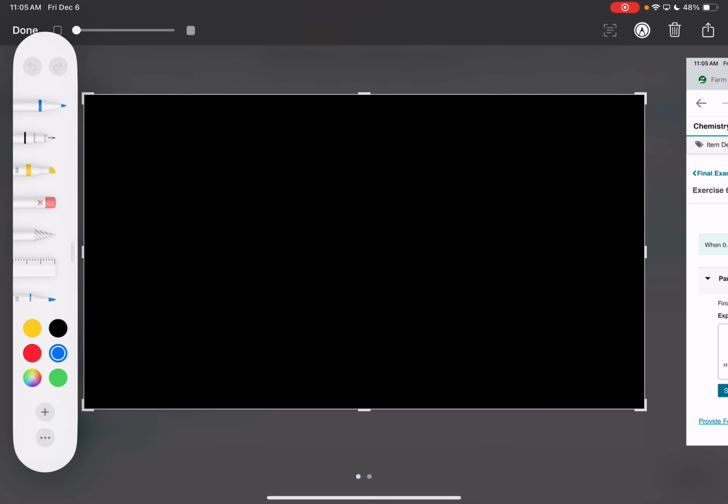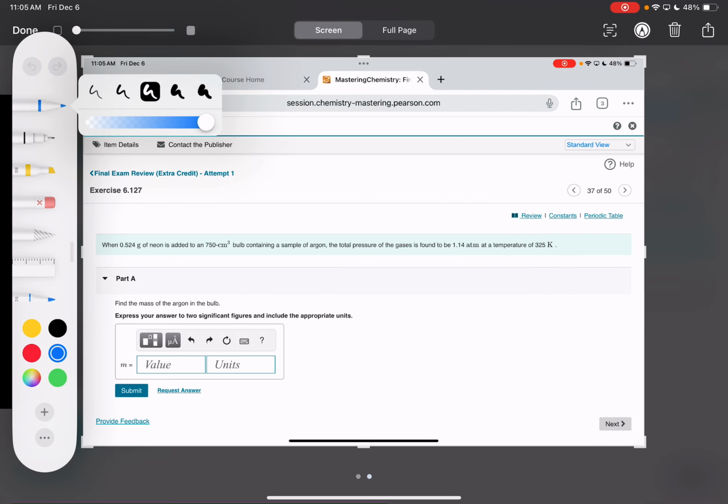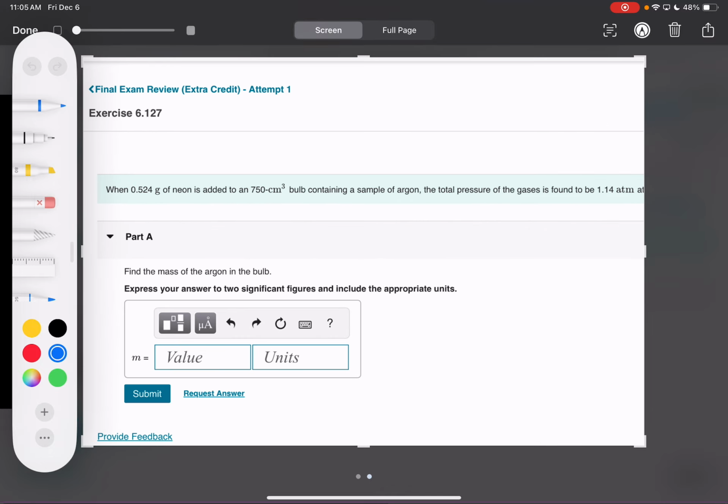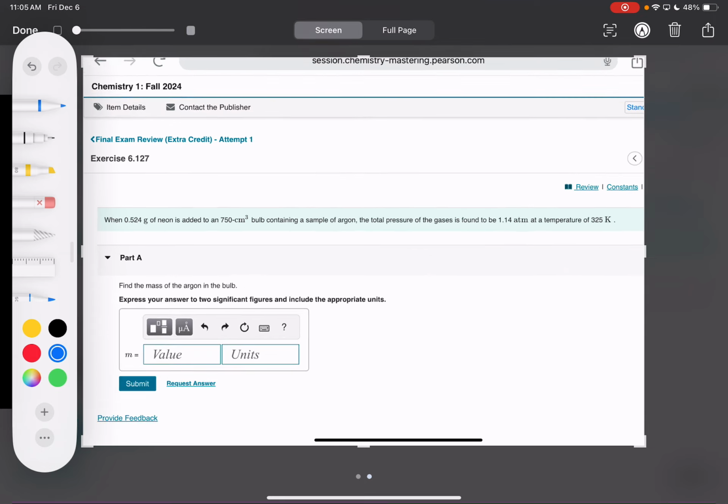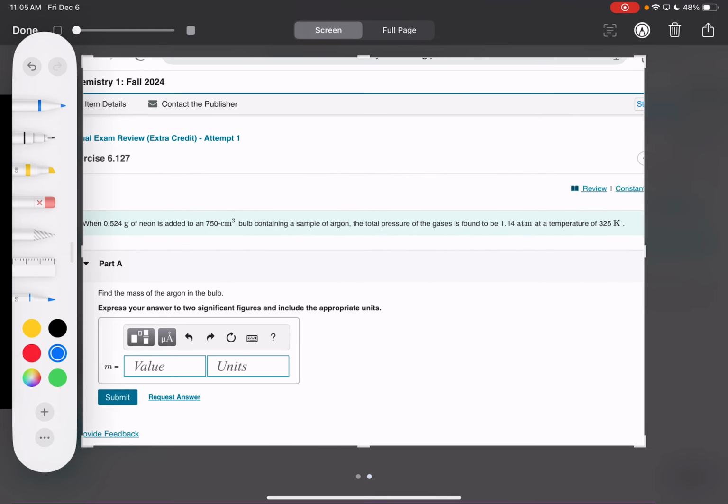Okay, so let me pull this up so we can write on it. All right, so it gives us a mass of neon, a volume of the container, and then says it also contains argon. So the first thing that we know is that we're going to have to somehow consider Dalton's law of partial pressures.